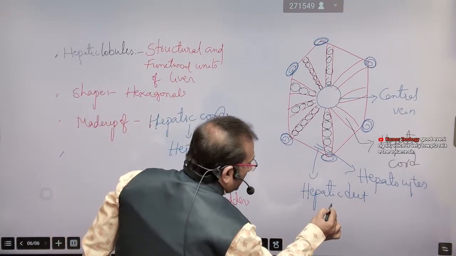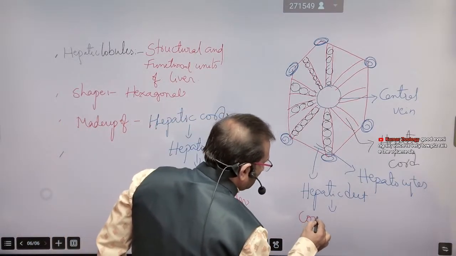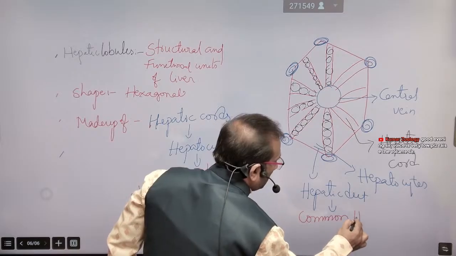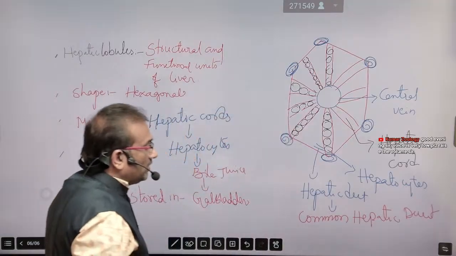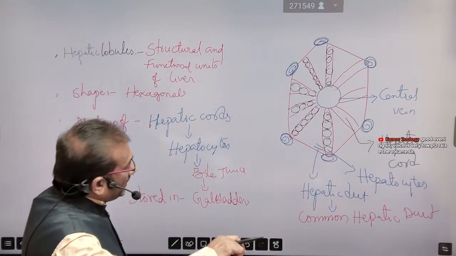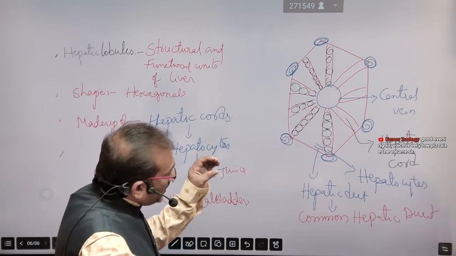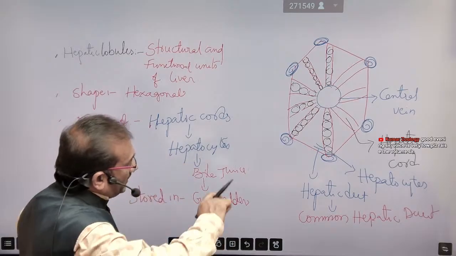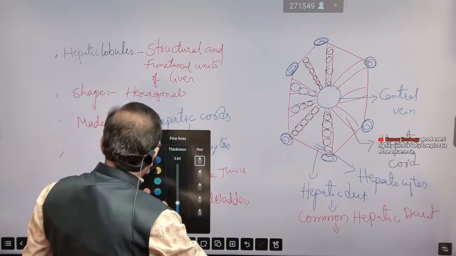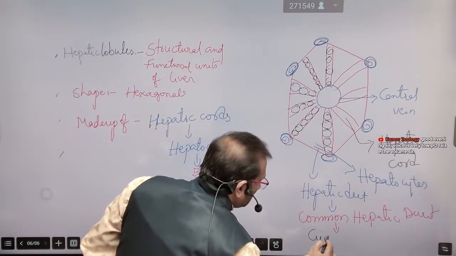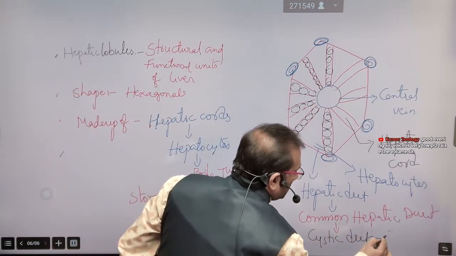All the smallest branches of hepatic ducts from the hepatic cords and hepatocytes collectively form a large common hepatic duct, and this common hepatic duct attaches with the cystic duct, and the cystic duct opens into the gallbladder.